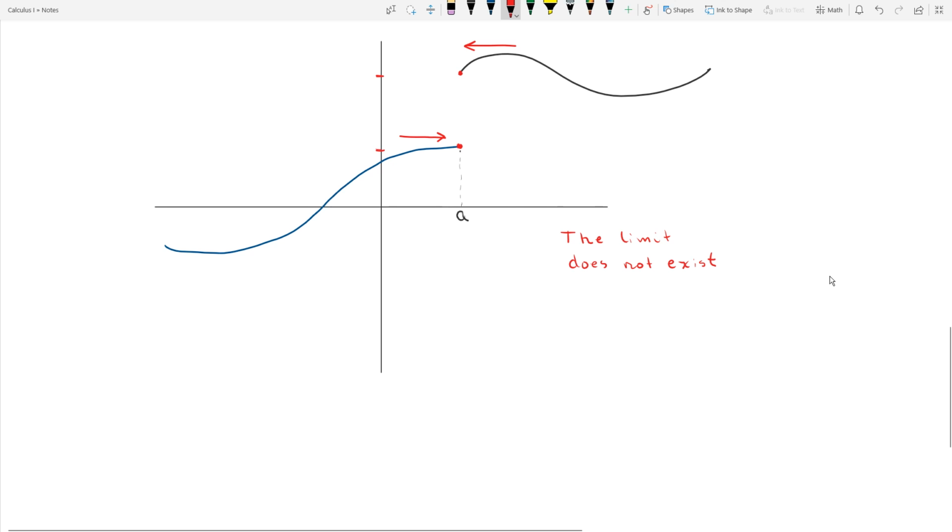Later on, we will learn mathematically how to determine if a limit exists or not, purely from the function. You can already imagine that setting up a table will also give you an idea if the limit exists, by setting up a table for values less than A and values greater than A, and seeing if, as we approach the value A from the left and right, those values are getting closer to the same value.